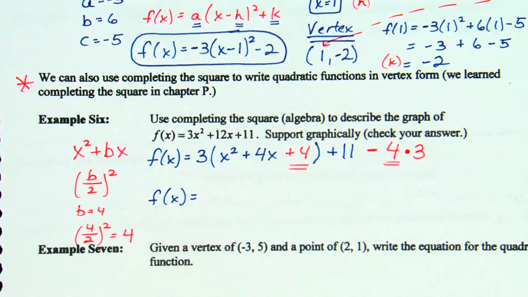How does that factor? x squared breaks into x and x. What multiplies to be 4 and adds to be 4? 2 plus 2. Multiplying to be positive, adding to be positive. It factors into x plus 2 times x plus 2, or what we usually write as x plus 2 quantity squared. Okay, so this 3 stays out front.